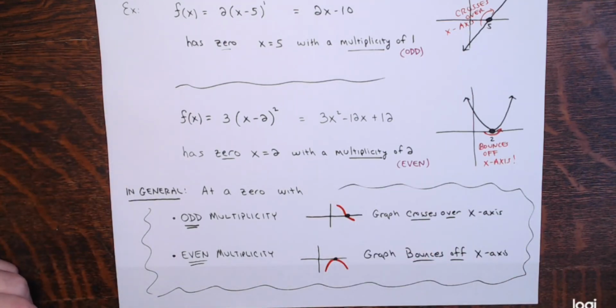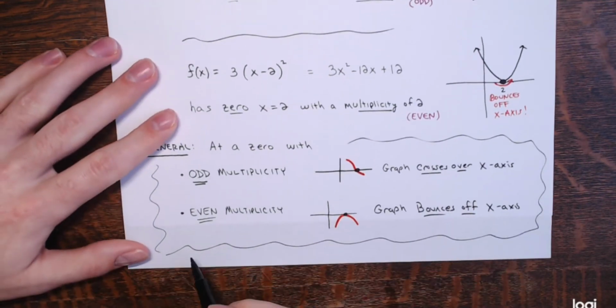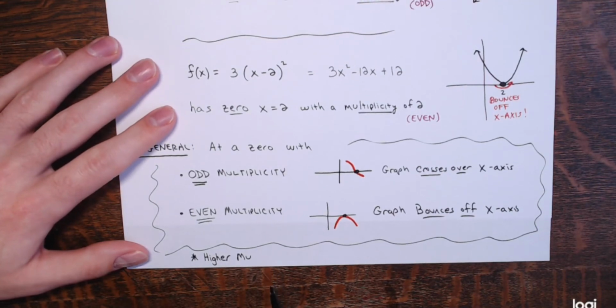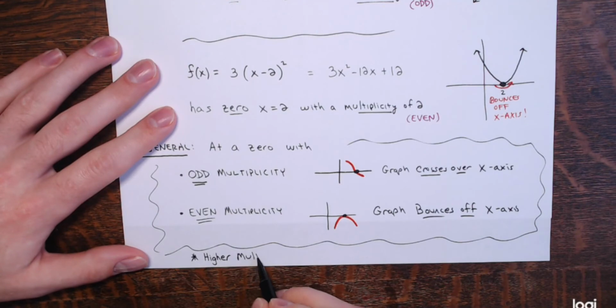And one other thing I'll point out is that the higher the multiplicity, the flatter the graph will be near that zero. Maybe I'll put that down here. Higher multiplicity leads to more flatness near the zero. And that's all you're going to really need to know for this particular section of this text.